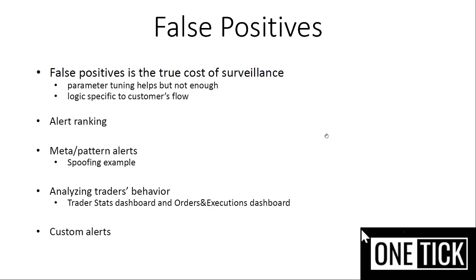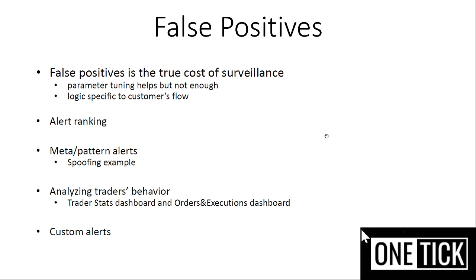As an example, for wash trades, you could specify which tags or which fields can be used to identify internally crossed trades, if that is applicable to your business, and we would add that filter before wash trade alerts would be generated.